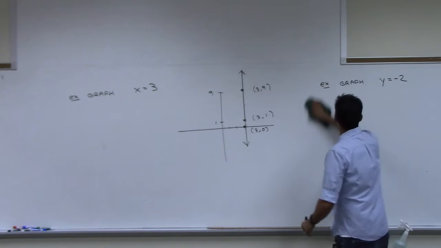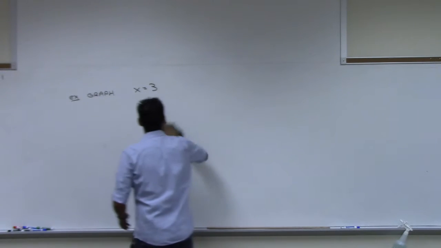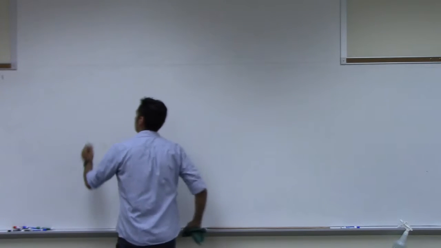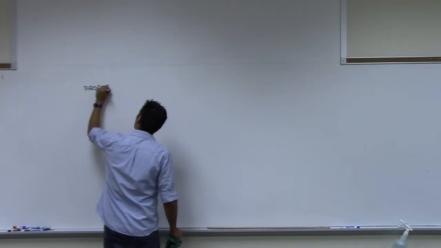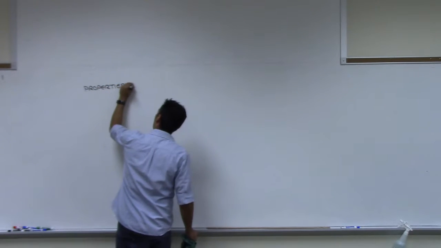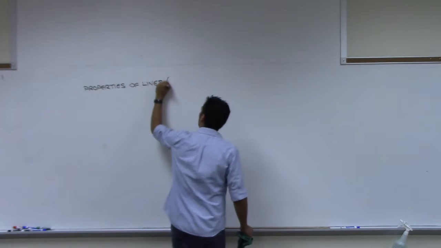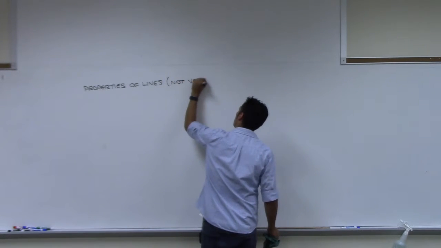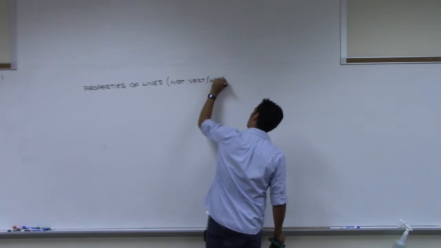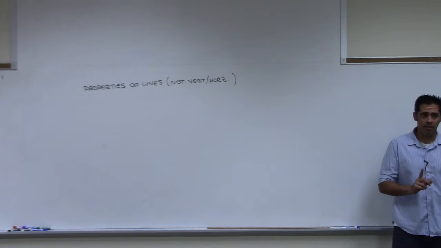Now, if somebody gives you a line that is not vertical or horizontal, we can start talking about some characteristics. So, properties of lines not vertical or horizontal. I'm only talking about lines right now that are not vertical or horizontal.